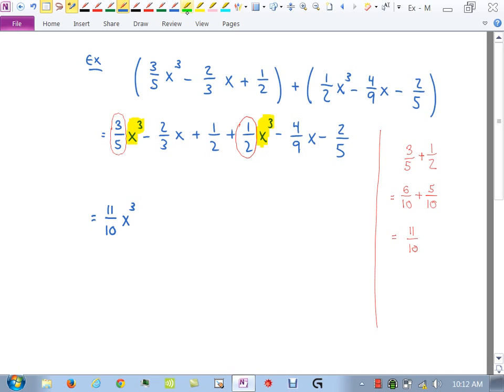Okay, let's do the next one. The next like term I have is x, right? In front of the first x, I have a negative 2/3. Don't forget about that negative sign there. And in front of the other one, negative 4/9. So I have the pleasure now of putting those two together.